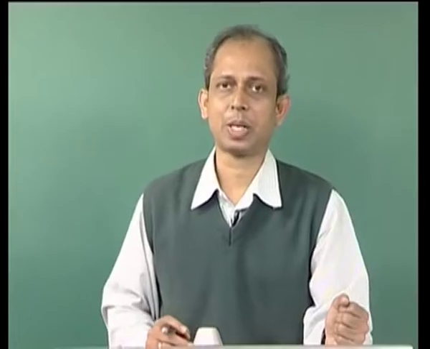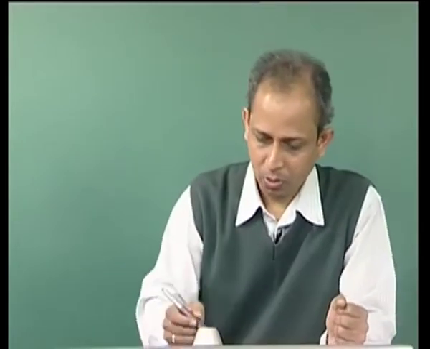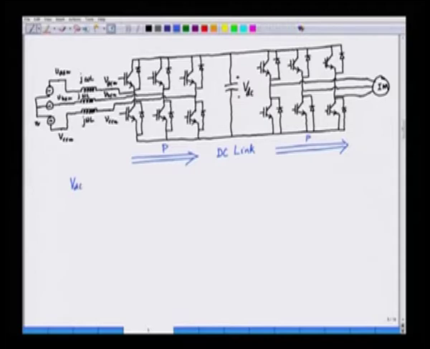So, the first objective in this case is to keep VDC constant at a reference value, say VDC ref.